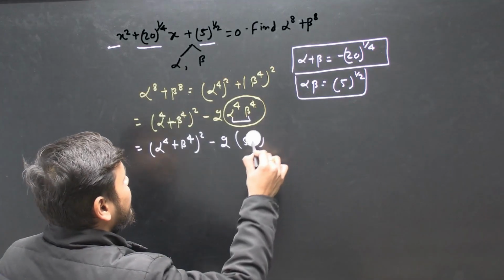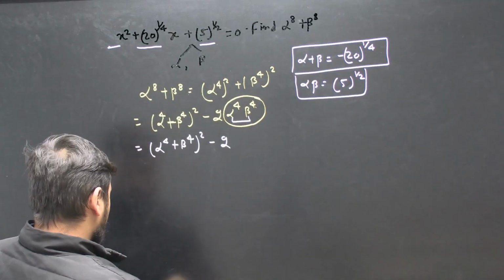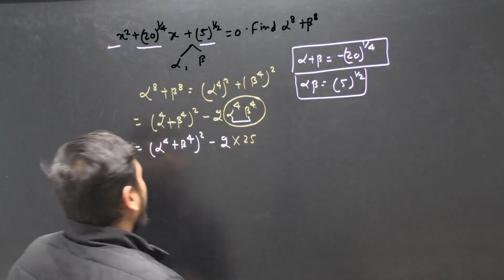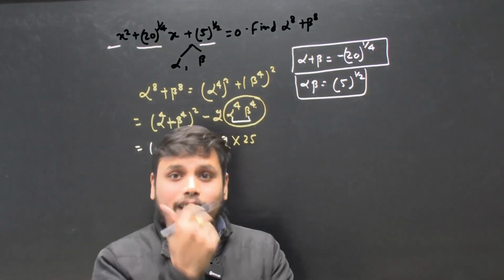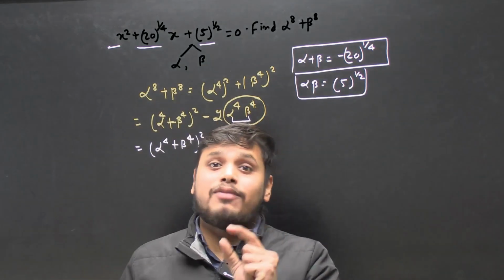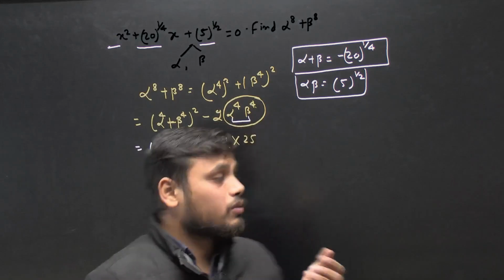So we can say it is minus 2 into 25. Now what about alpha raised to power 4 plus beta raised to power 4? Again apply the same formula, because alpha raised to power 4 is alpha square whole square, and beta raised to power 4 is beta square whole square. Same type of formula.